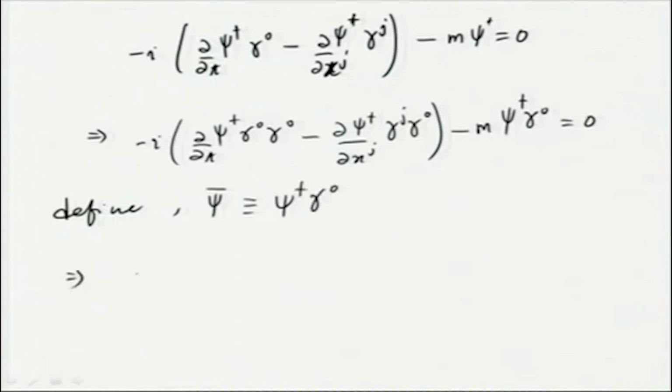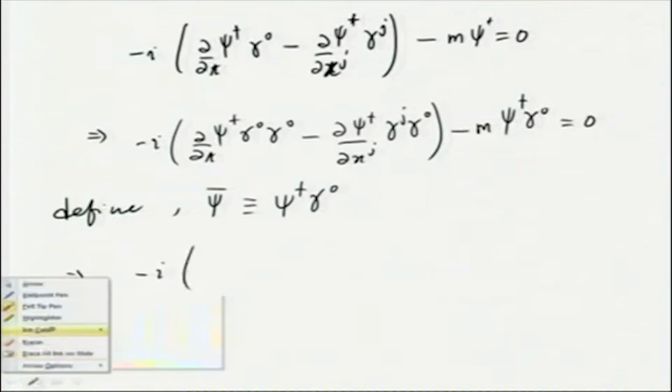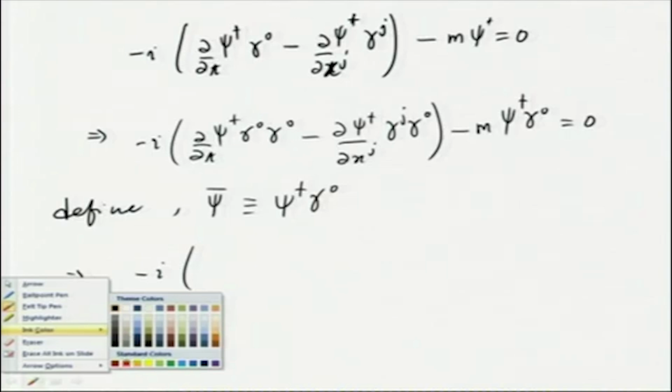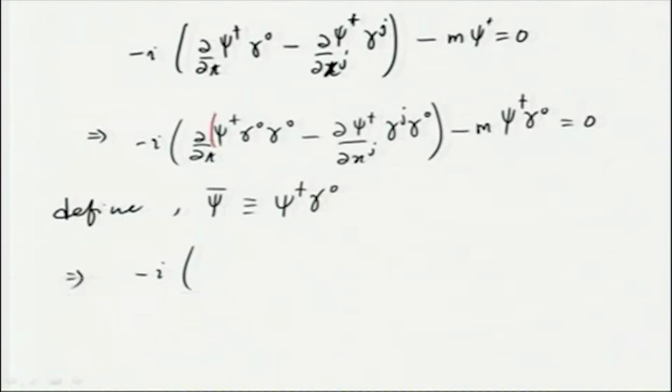This will give me minus i, first term I will club psi dagger and gamma 0, that will give me psi bar, but in the second term I have to switch gamma j and gamma 0. When I switch gamma j and gamma 0, gamma j gamma 0 is gamma 0 gamma j with a minus sign. So, there is a switch of sign again.